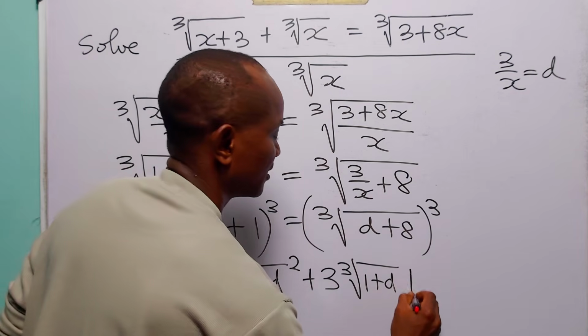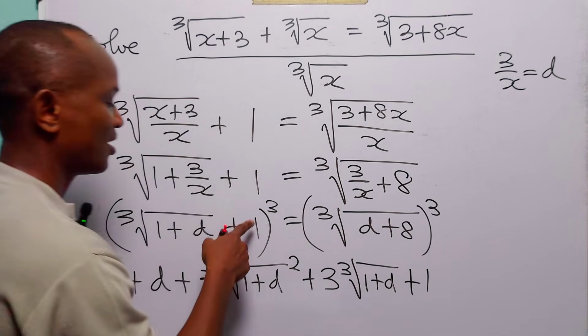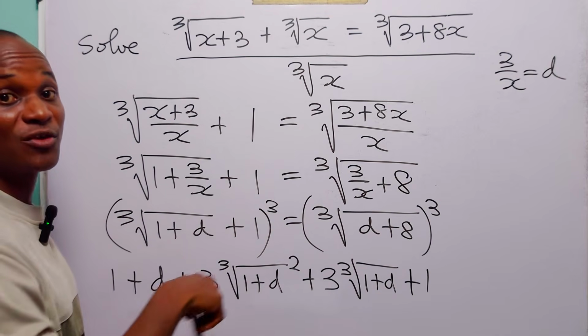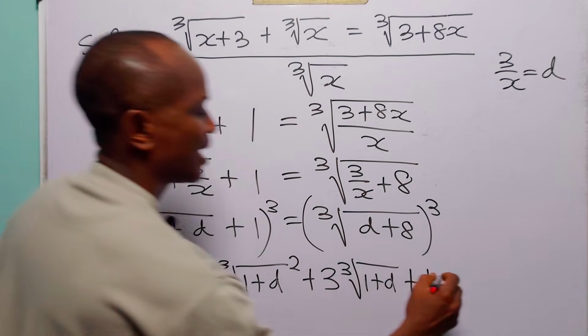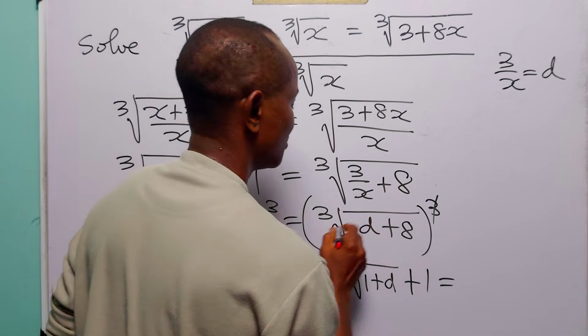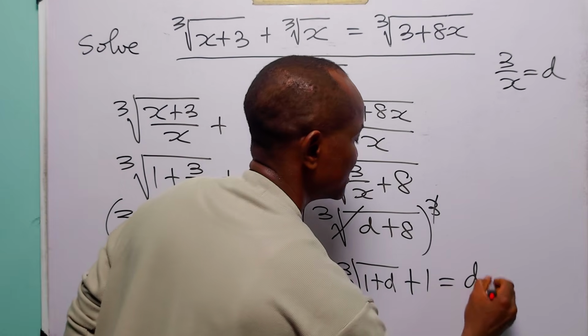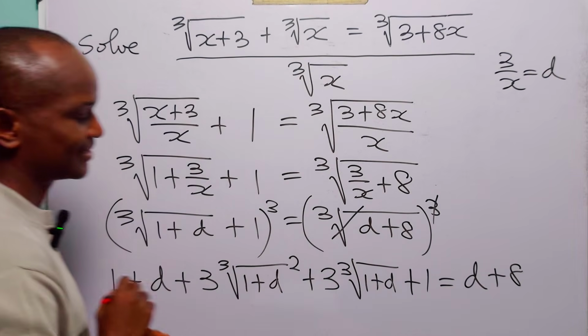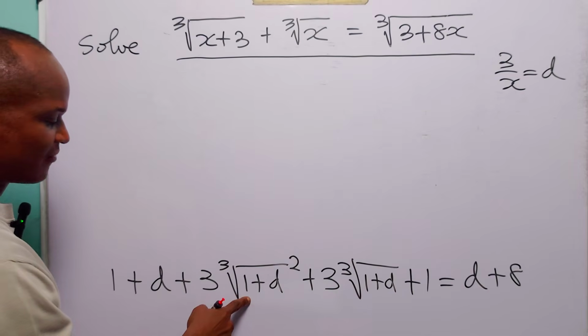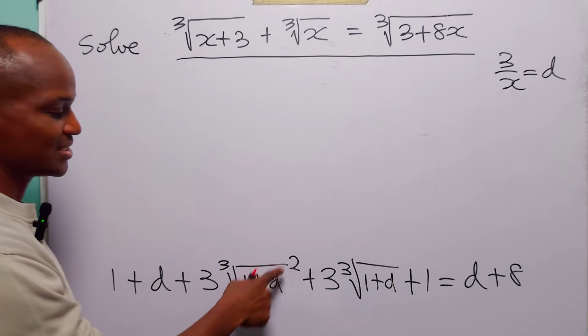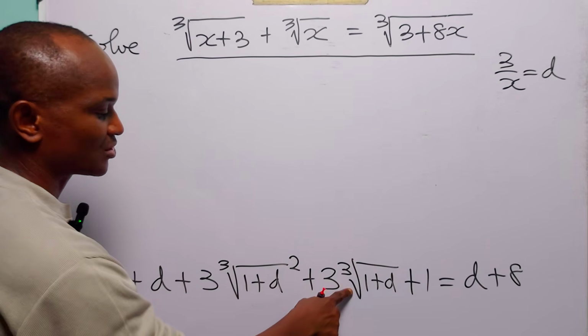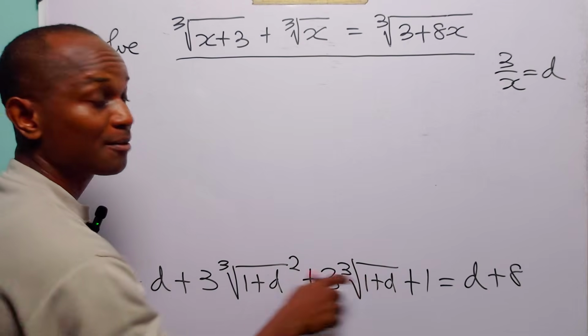Then finally, plus 1 raised to power 3, which of course is equal to 1. And this is equal to, you know that this is going to take care of that, leaving us with d plus 8. Now here we have the cube root of 1 plus d squared. And here we also have the cube root of 1 plus d.